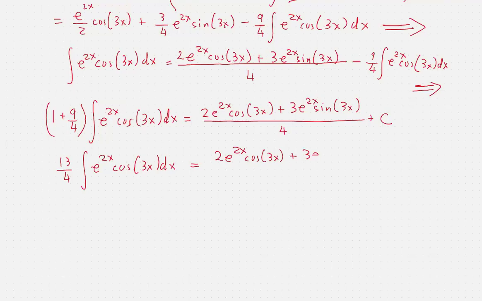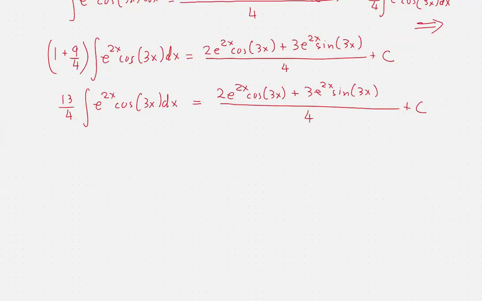Now we multiply both sides by the reciprocal of 13 over 4, meaning 4 over 13. We have a nice cancellation with the fraction on the right. So 4 over 13 gives us a cancellation of the 4.